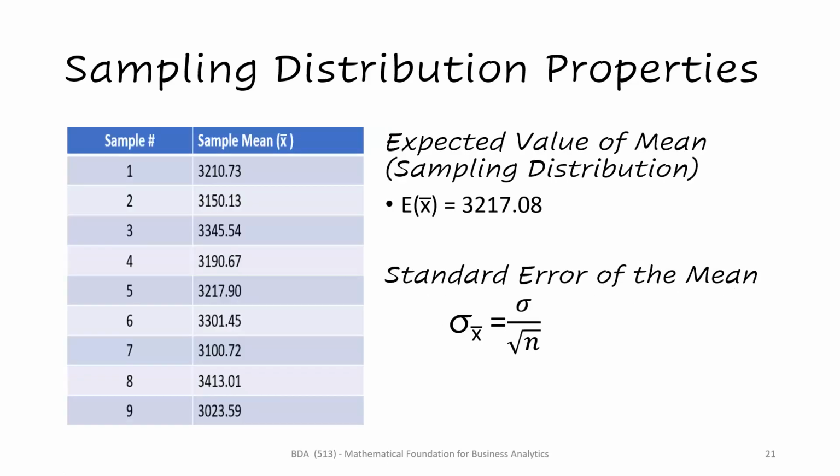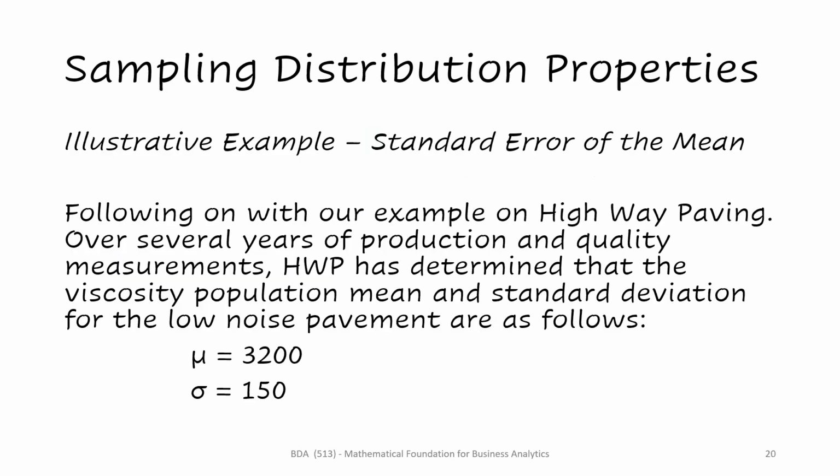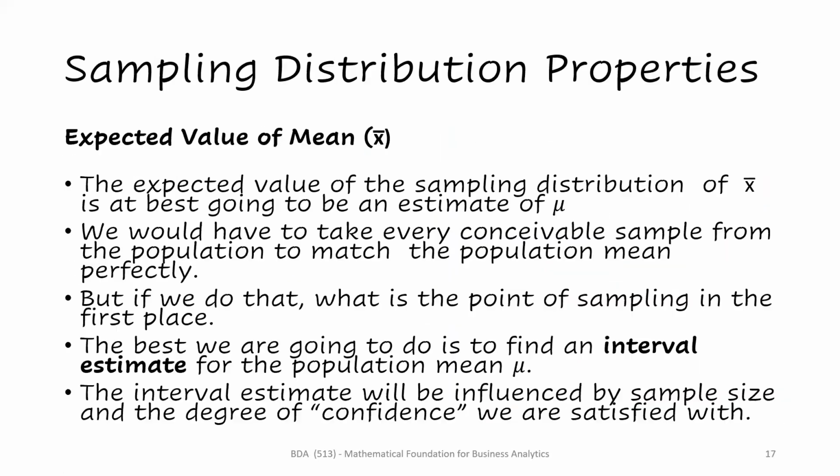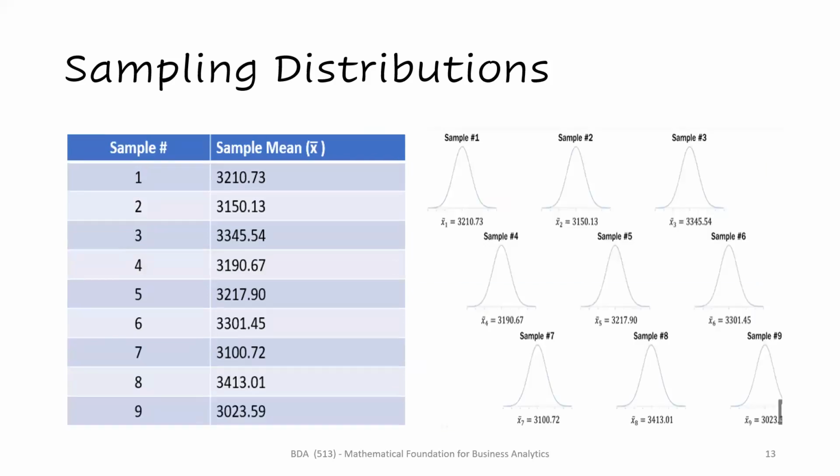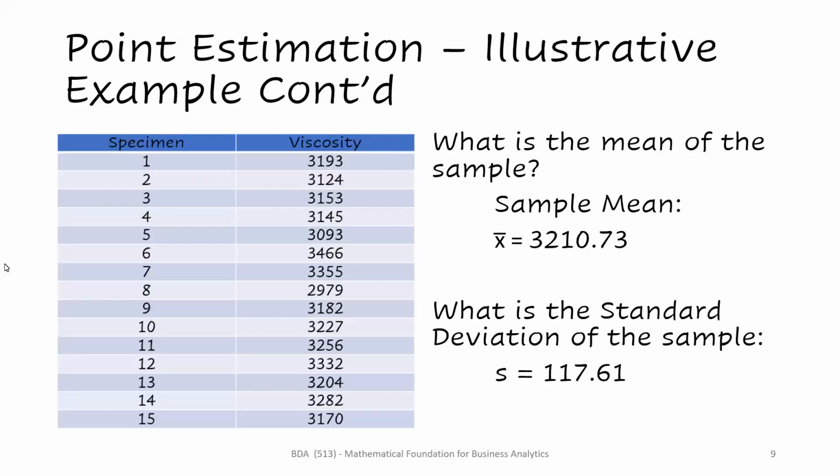Now remember that for each sample, the batch for each sample is 15. Therefore, the sample size is 15. Do you remember when we started, we said that for the first sample, we use 15 specimens, 15 batches for one sample.